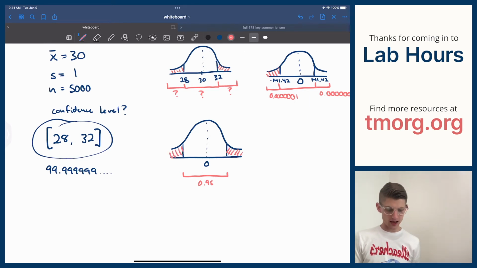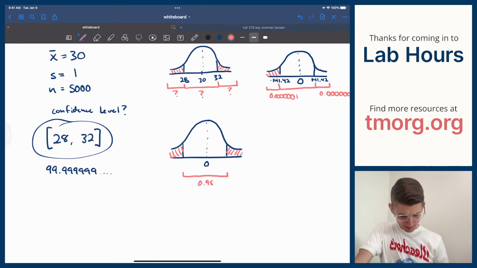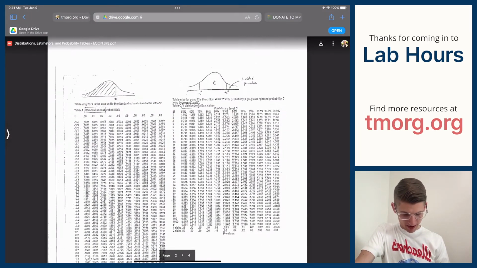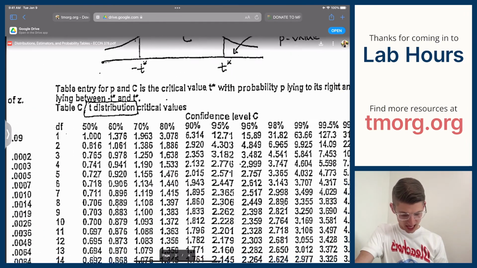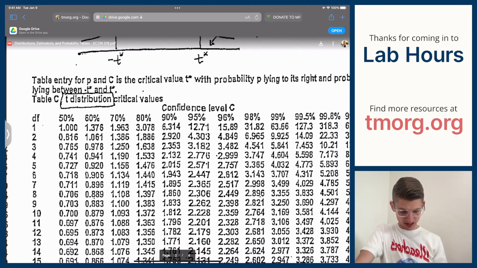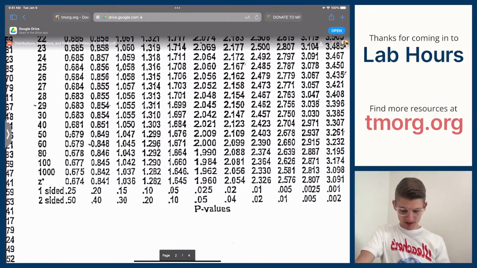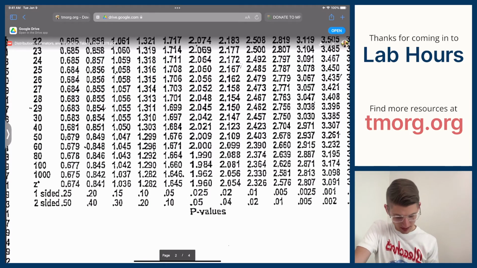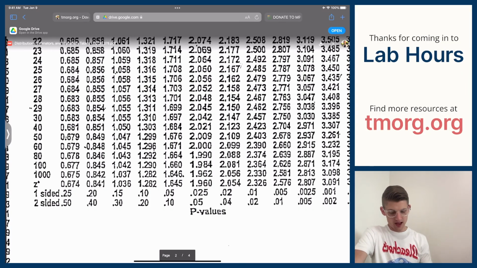How would I calculate that? Well, let's go back to the table and say, what if I only want a 95% confidence interval? Well, the nice thing is I have this 95% confidence level column on the T table, and I have the Z star degrees of freedom for basically anything that's bigger than 1,000, and those numbers are 1.96, okay? That Z star score is 1.96.